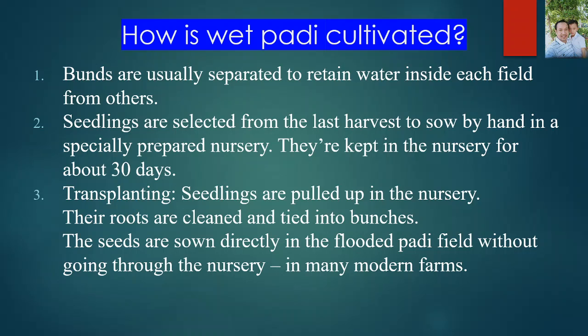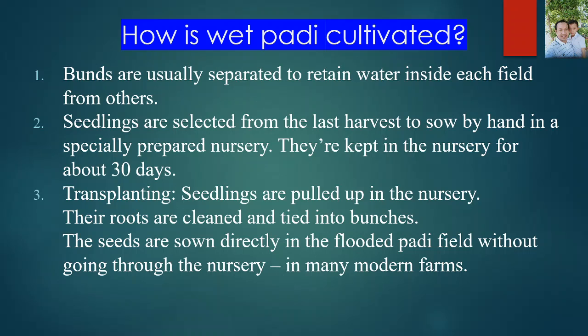And the third one, transplanting. Seedlings are pulled up in the nursery. Their roots are cleaned and tied into bunches before they take the seedlings to plant in the fields, to grow better.